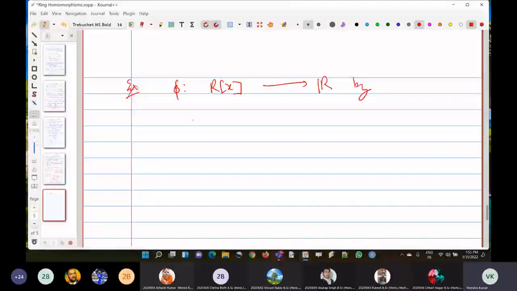How are they defining it? Suppose some polynomial p(x) is there, and under phi it is mapped onto p of 1.